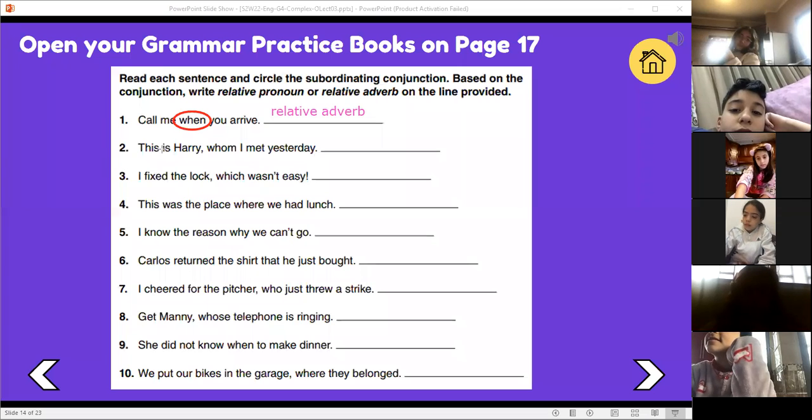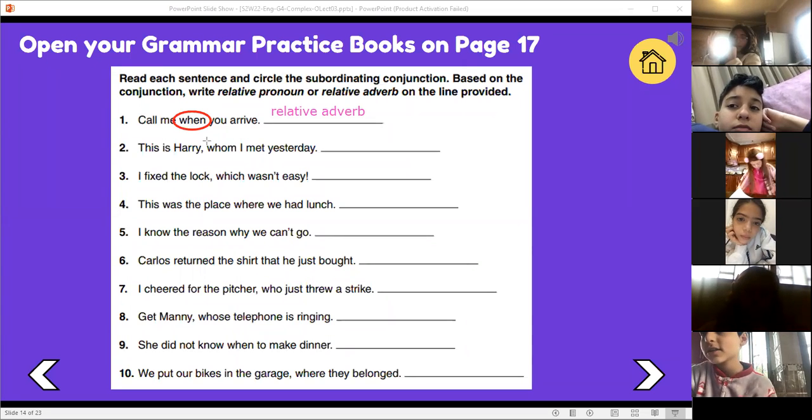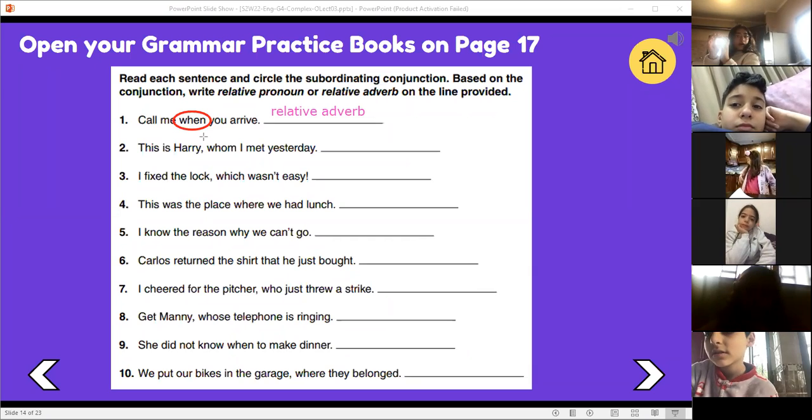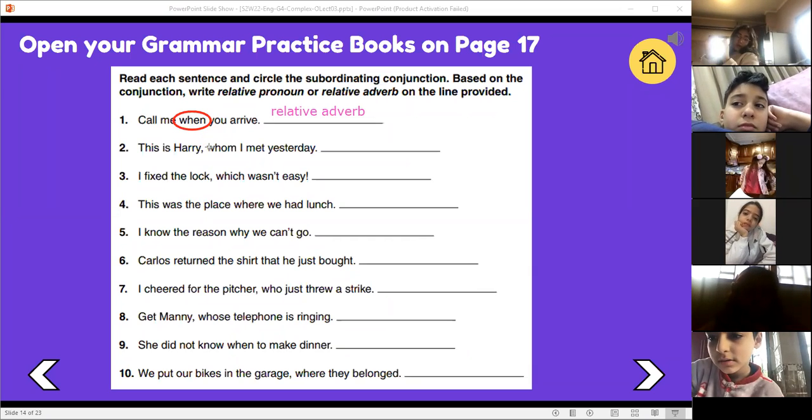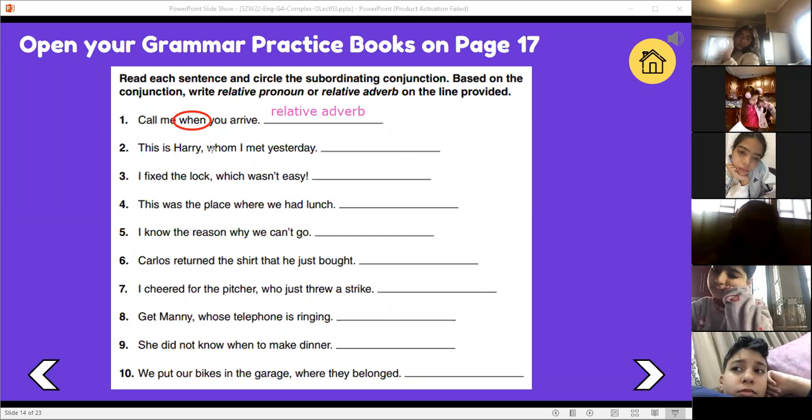Yes, teacher. Yalla, number 2. This is Harry whom I met yesterday. Yeah. What is the subordinating conjunction? Relative adverb. But where is the subordinating conjunction? Whom.